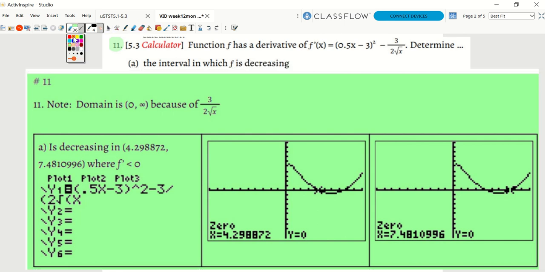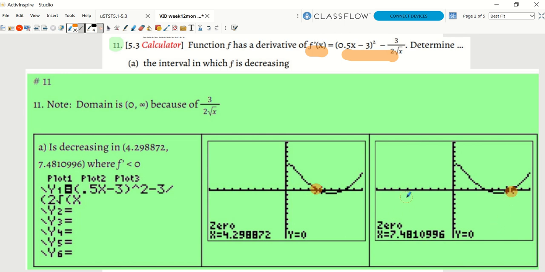We're given the graph of slopes. Where the slopes are negative is where f is decreasing, and the slopes are negative here in between this x value and that x value.